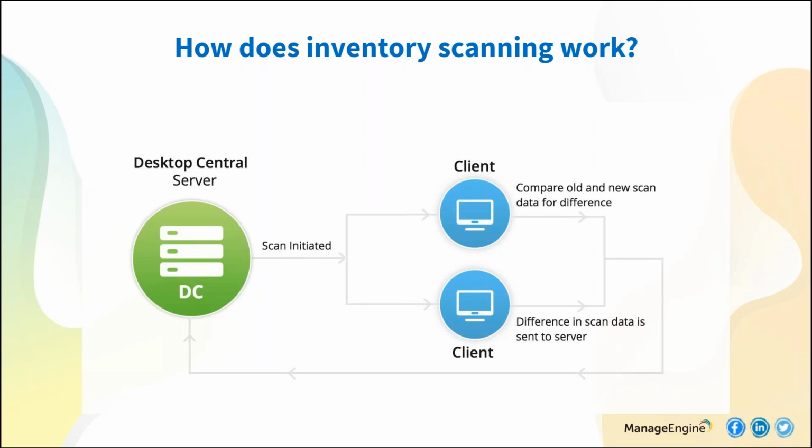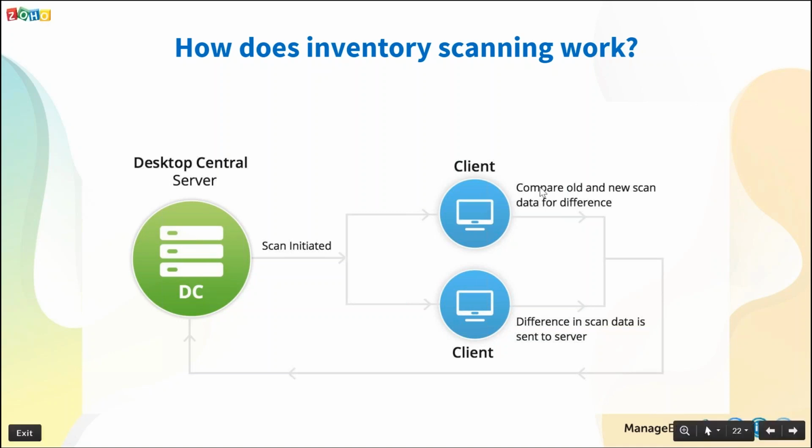Now we spoke about installation of Desktop Central agents. After the installation, the agent would post the entire inventory data back to the server. Now this data would be pertaining to that particular endpoint. For all the subsequent scans, the agent would post only the differential data, as in difference in the inventory information with respect to the complete scan details posted during the first scan.